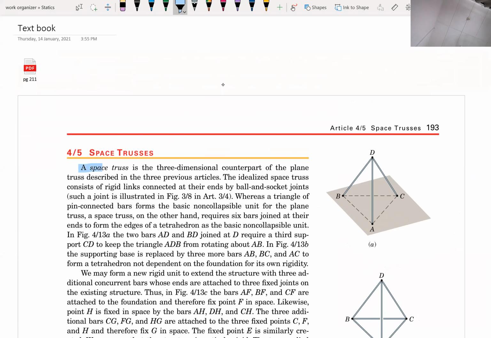Okay, a space truss is three-dimensional counterpart of the plane truss. Okay, so this is triangular plane, triangle plane, but in 3D.